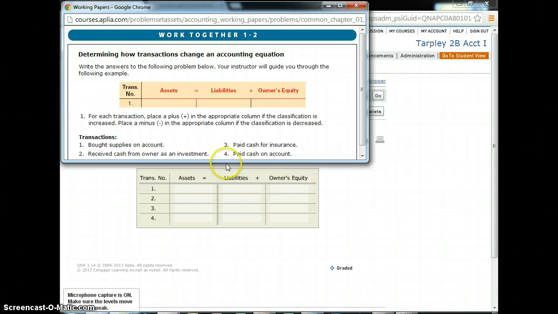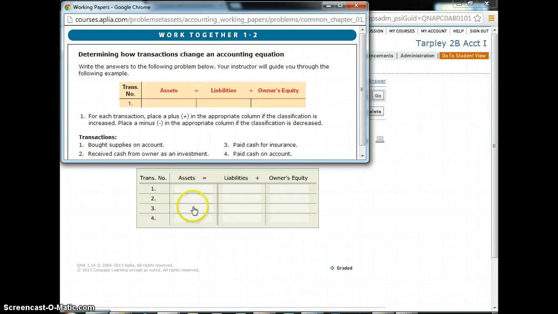Mine's a little bit more difficult than yours. So, transaction number 1, bought supplies on account. Okay, I've got to look at assets, liabilities, and owner's equity. It's not even broken down by accounts. I'm just looking at those three categories. Supplies, if I look back at my notes, is an asset. So because assets were increased.